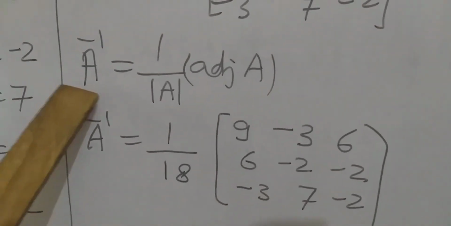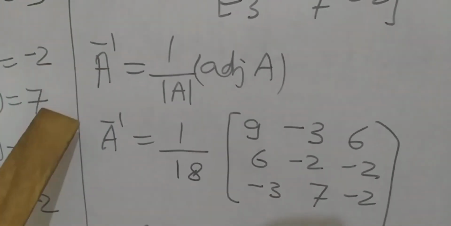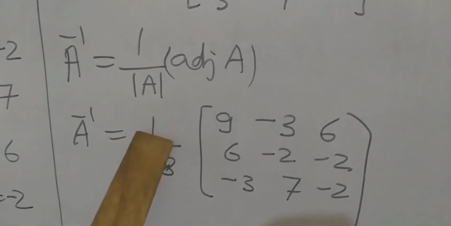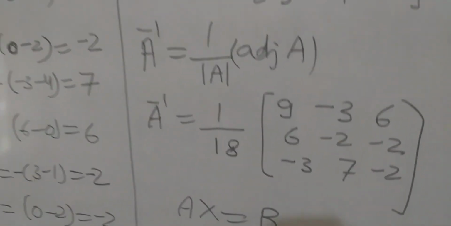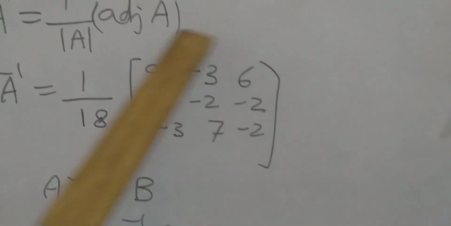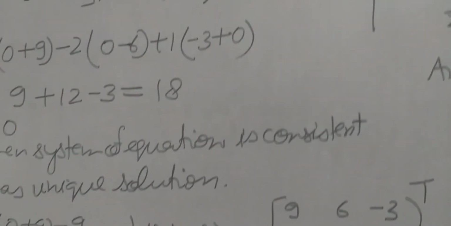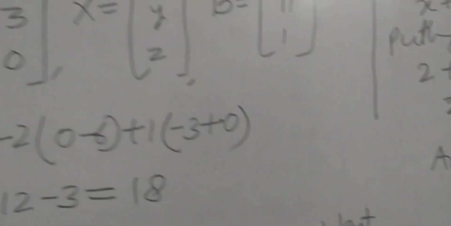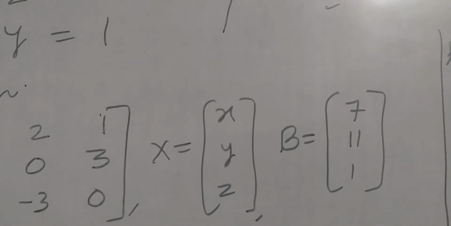Now students, we need A inverse. A inverse equals 1 upon determinant of A into adjoint A. Determinant of A is 18, student. Adjoint A is this. Put both values here. So this is A inverse. Now students, we have to find the values of x, y, z.